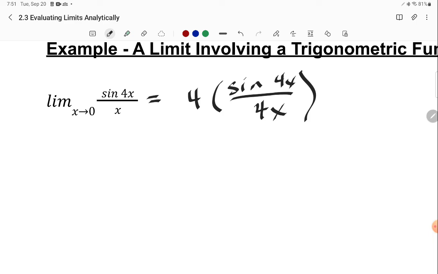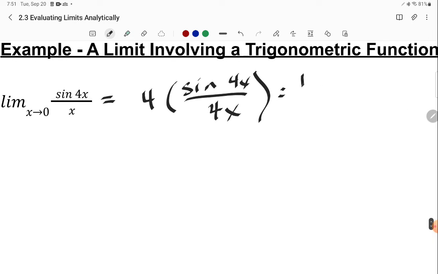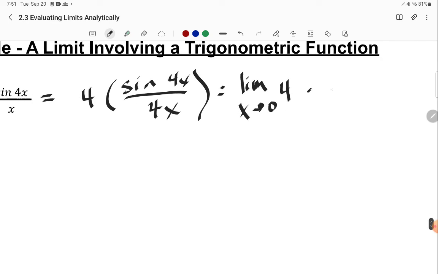So now you can rewrite this. We're going to do the limit as x approaches 0 of 4 times the limit as x approaches 0 of sine of 4x over 4x. You could think of this as y over y, because no matter what is inside there, it's always going to be 1.